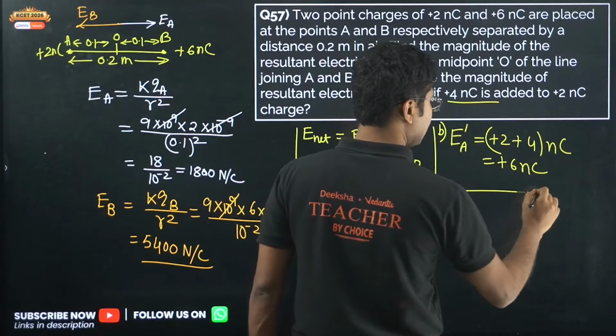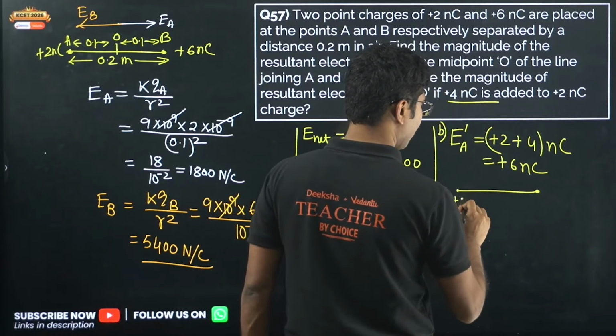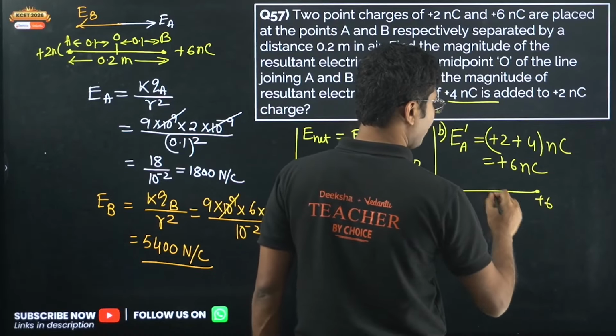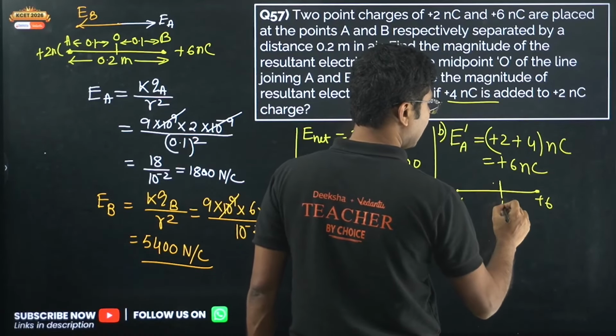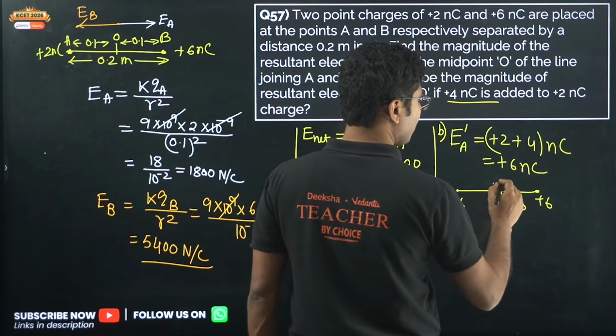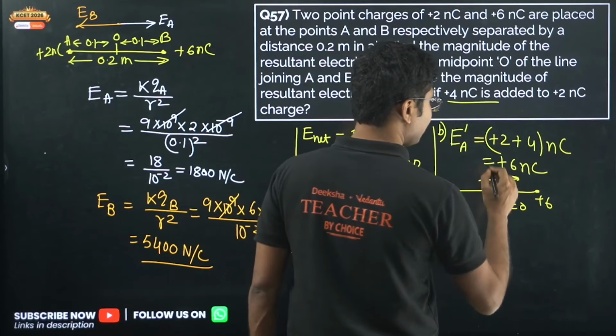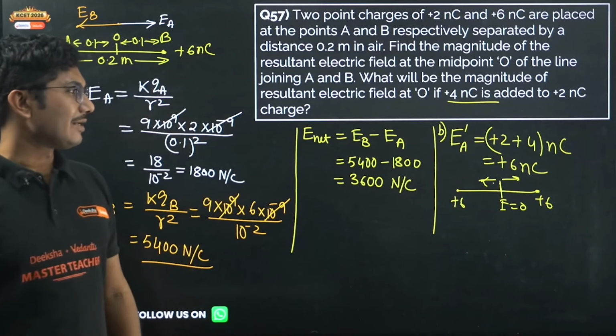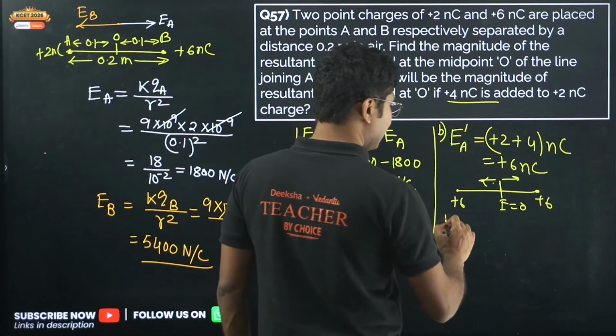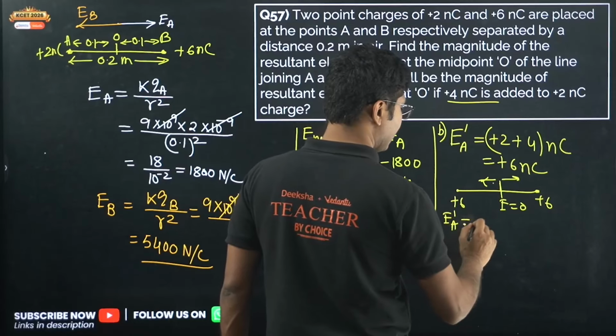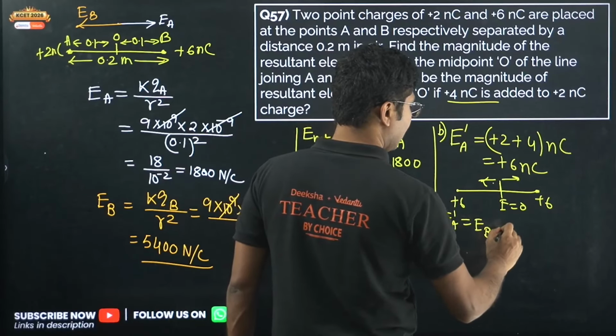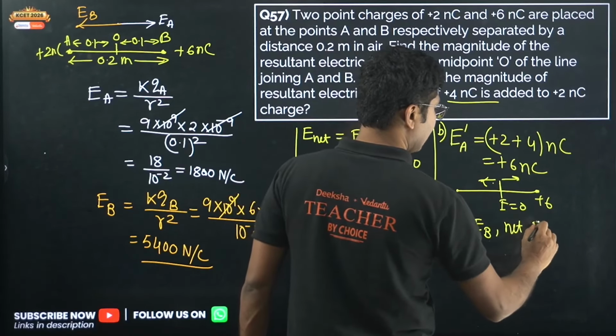So in this case you have plus 6 nanocoulomb over here and plus 6 nanocoulomb over here, so the electric field at the center will be 0. Both will be equal and opposite, so they will cancel each other, so the net electric field will be 0.